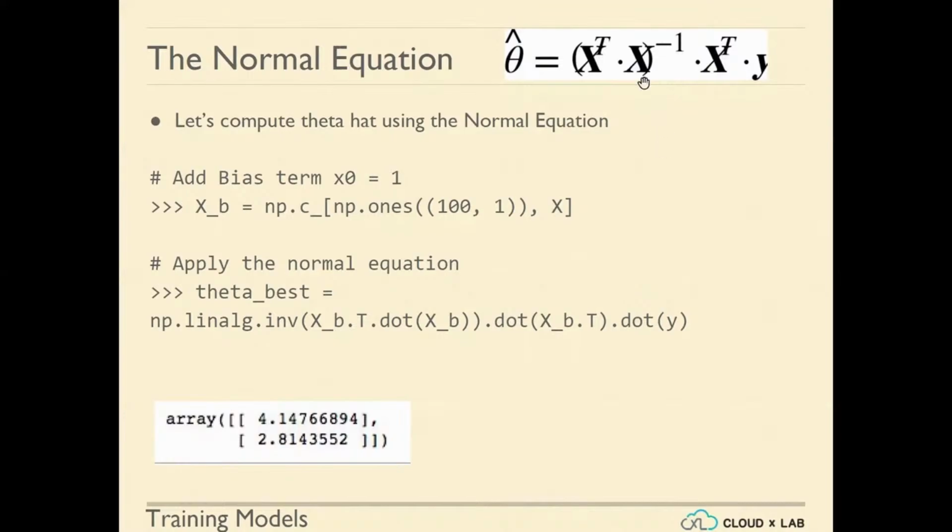If you are able to do these matrix multiplications, then no problem, right? But if you have millions or billions of data points, and you cannot load X transpose X in main memory, then this method will create a problem, right?